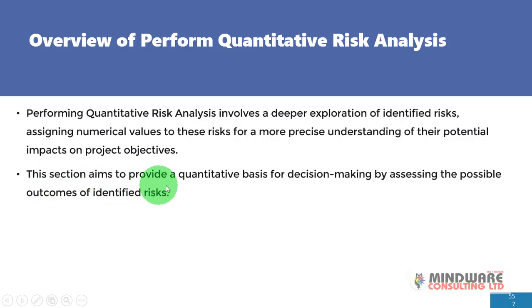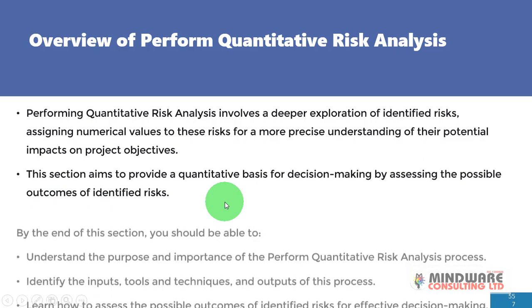Now, this section aims to provide a quantitative basis for decision making by assessing the possible outcomes of identified risks. So it gives you a verifiable basis for decision making.